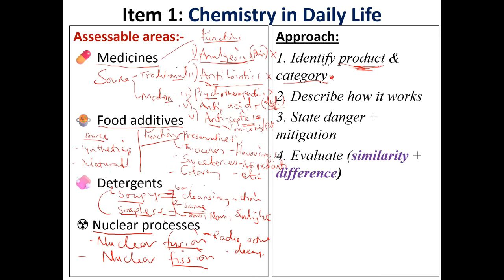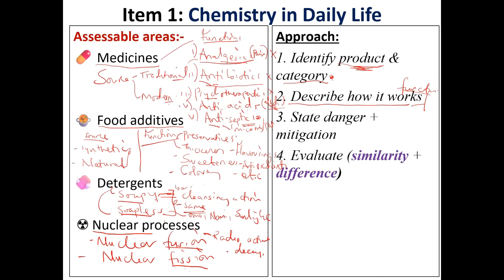Then number two, we describe how it works, or how it functions. So if it is under medicine, food additives, nuclear processes, we explain how they function. Then in detergents, we explain the cleansing action of maybe soapy detergent or soapless detergent, but as we said, their cleansing actions remain the same.